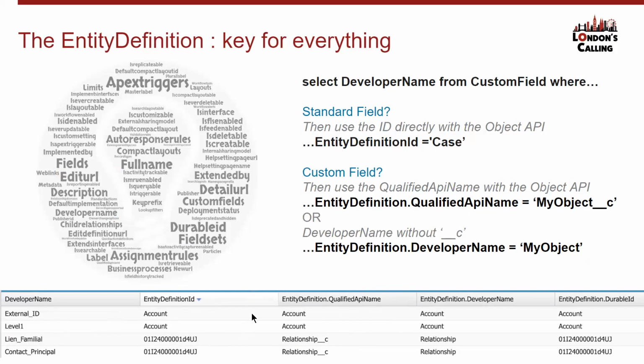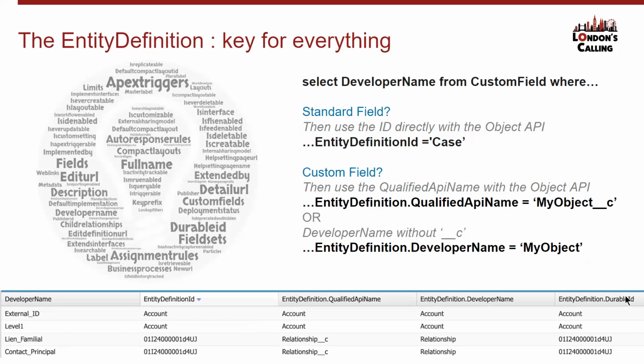And the last tricky part with Tooling API is that entity definition doesn't have a real ID. If you do SELECT Id FROM EntityDefinition, Salesforce won't be able to provide you an ID, because the entity definition ID is not stored inside the Id field. It's stored inside what Salesforce calls the durable ID.